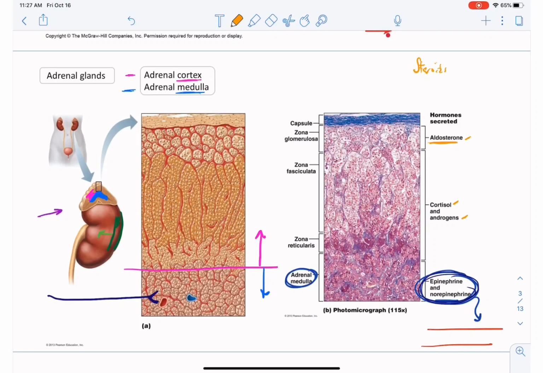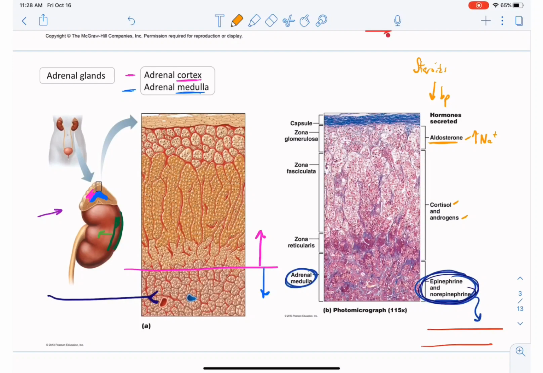One of the times that aldosterone is released is when you have low blood pressure. When your blood pressure is too low, that stimulates the release of aldosterone. And what aldosterone is going to do, it's going to be released into the blood. It's going to act on the kidneys. And what it does is it increases the reabsorption of sodium into the blood.